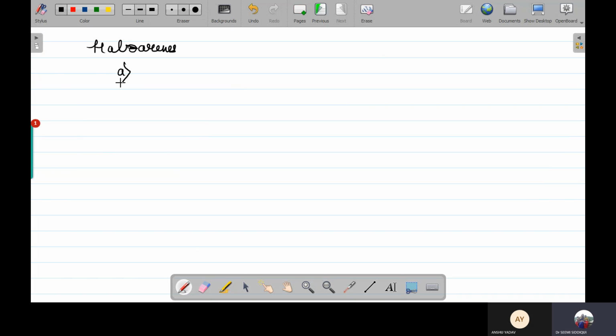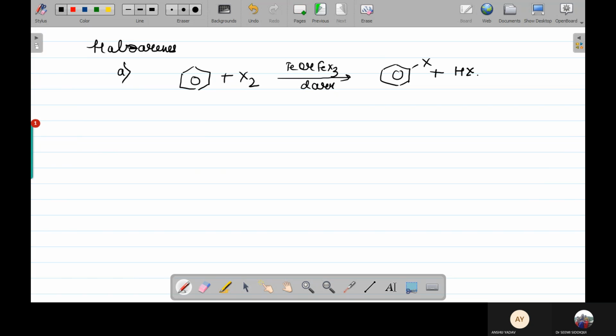First preparation method is by direct halogenation of benzene. That is, you have taken a benzene ring, Fe or FeX3 in a dark condition, your haloarene is formed.